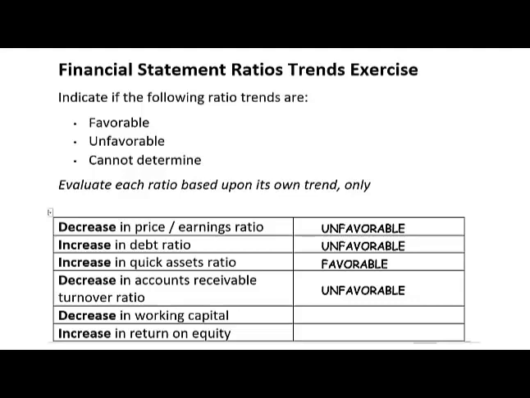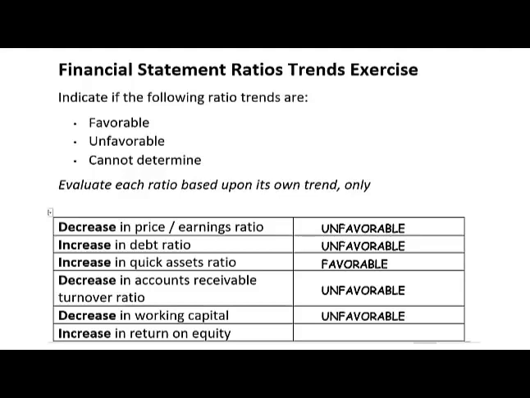So if you used all of your current assets to pay off your current liabilities, what's left over would be considered your working capital. So as your working capital grows, it means the current assets over current liabilities is also growing. So an increase in working capital would be favorable, and a decrease in working capital would be unfavorable.